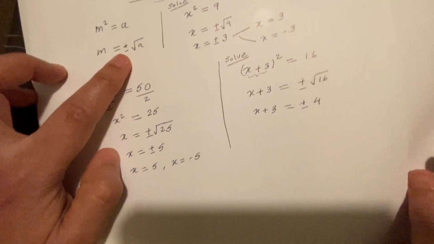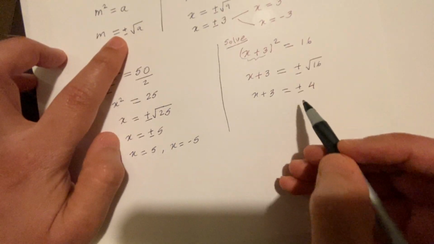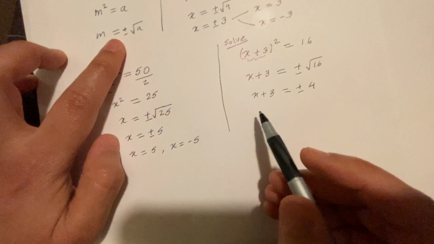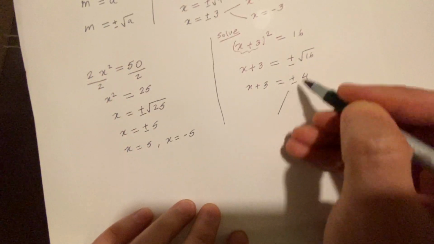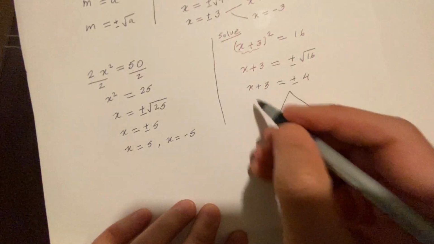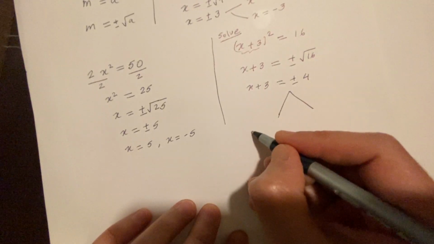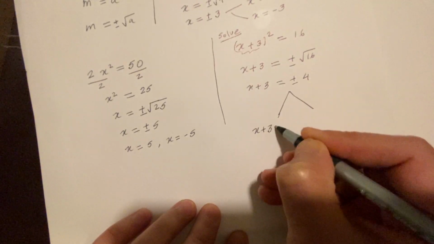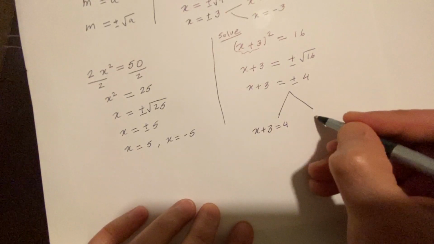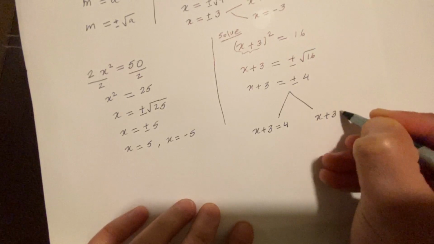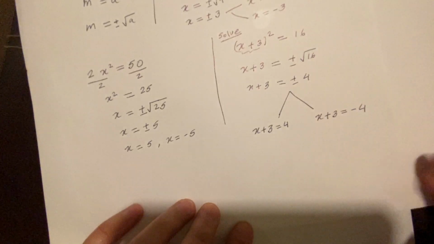All right, so now since we have plus and minus and we're trying to find the value of x, in this case we're going to get two conditions. The first one is x plus 3 equals positive 4. And another one is x plus 3 equals negative 4, right?